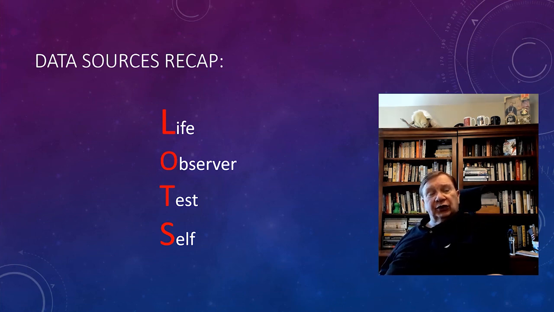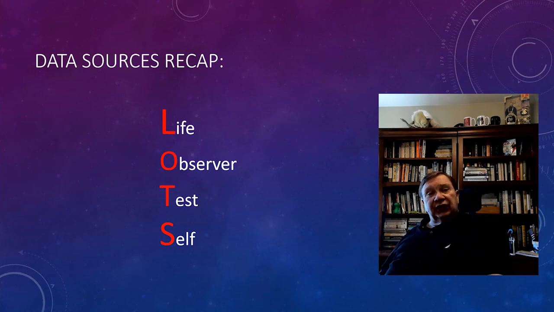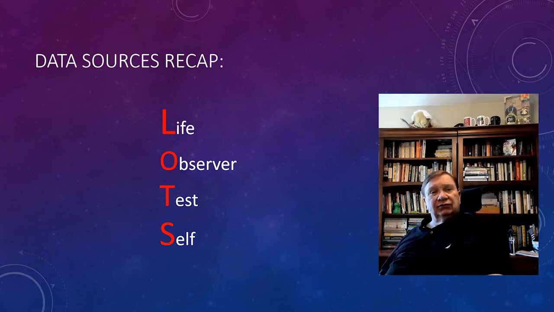Self-report, the most frequently used kind of data, because it's also the easiest to get. Put it all together, if you need an acronym to remember the 4 sources of data, you got lots of data. And because personality is a very complex thing, we need lots of data to try to figure it out.